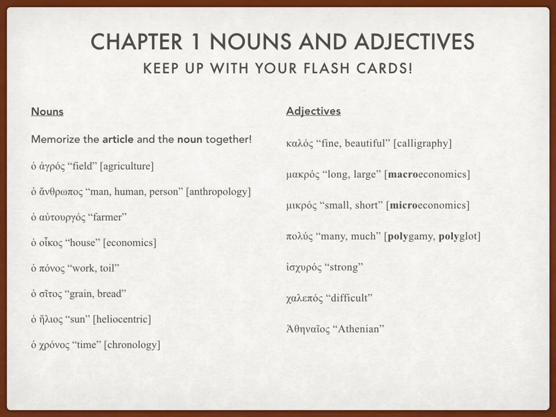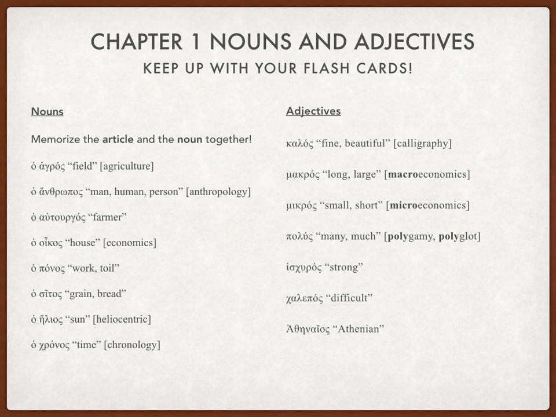If you work really hard at something, you're performing a ponos, a work or toil. Next one, very important word in ancient Greek, ho sitos. Sitos, that's a long iota. Sitos means grain or bread, used for both. If you harvested grain or made bread, it was all referred to by one word, sitos, grain, bread.